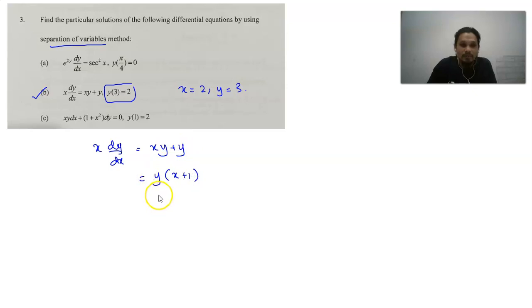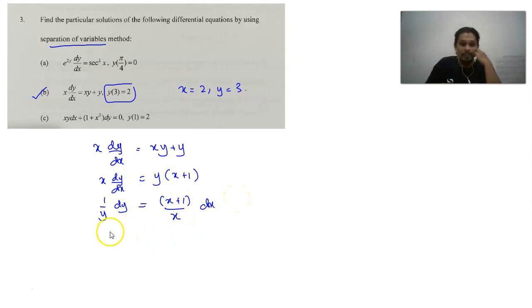So it's time for us now to separate the variables. Divide by y, right and left. So it is 1 over y dy, and bring x to the other side: x plus 1 divided by x dx.